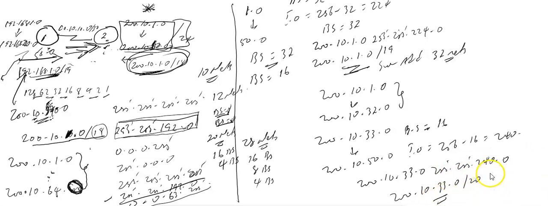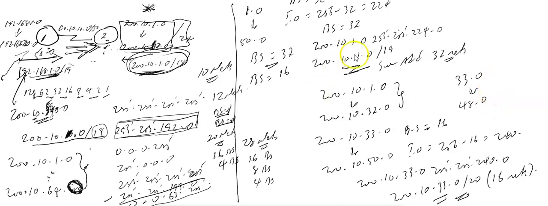So this will capture the next 16 network addresses, which is from 33.0 to 48.0. Don't forget, with that, how many networks do we have left? We have just 2 left. Those 2, I will leave them like that.